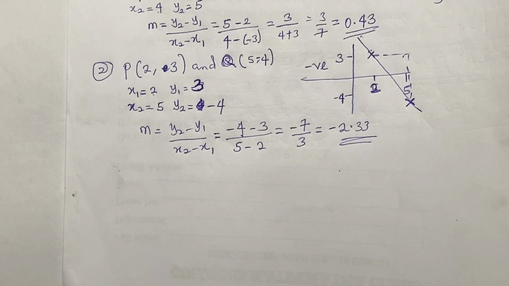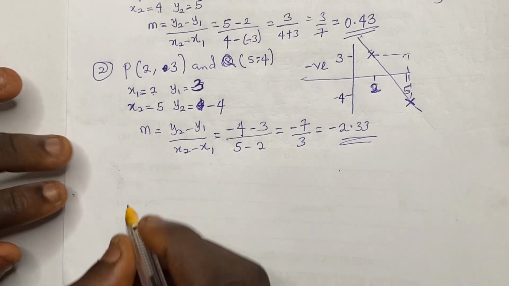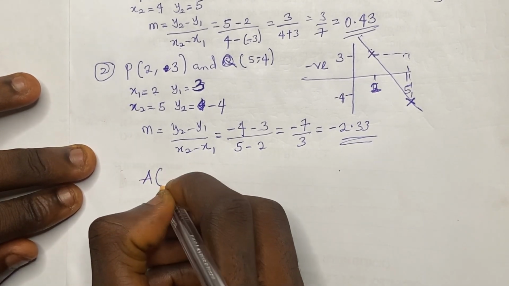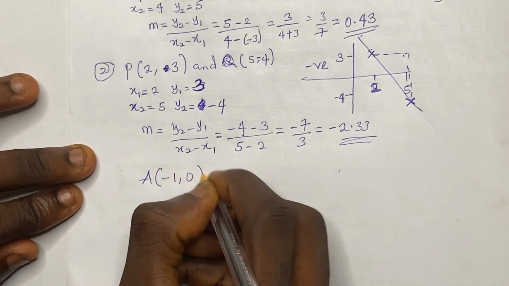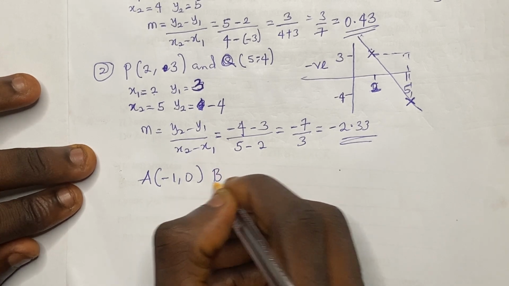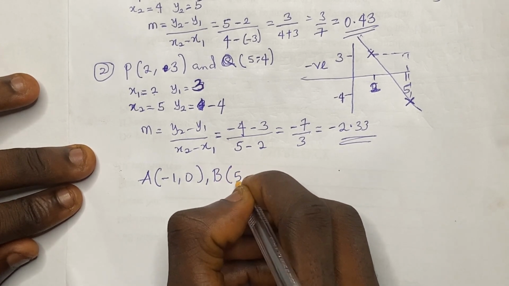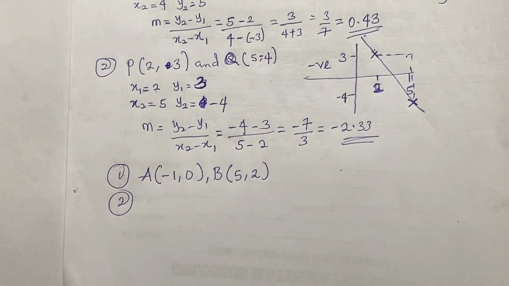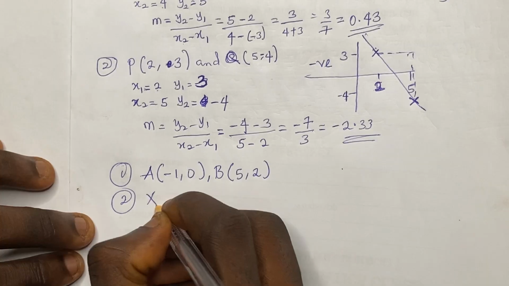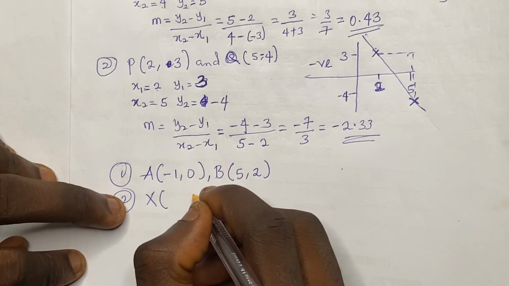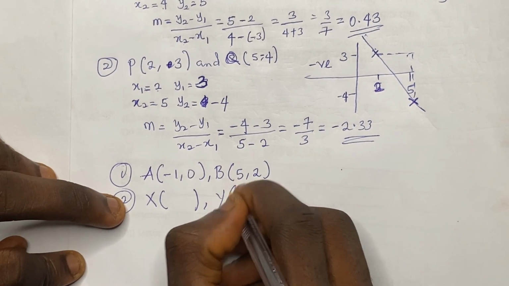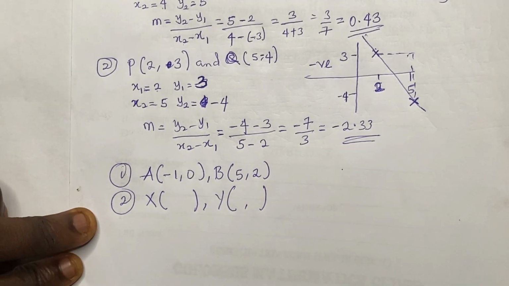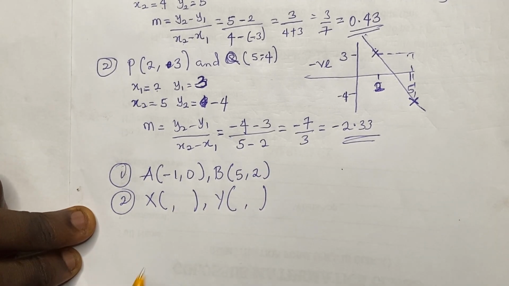All right. So let me give you an assignment to do. Find the gradients and then put it on a graph for A equals minus 1, 0 and B equals 5, 2. All right, so this is number 1. Then number 2, let me think of a number.